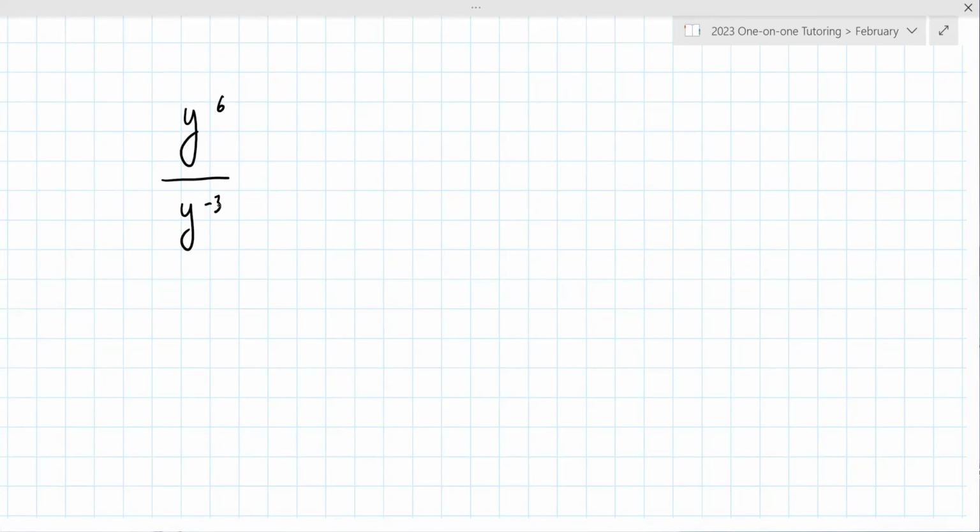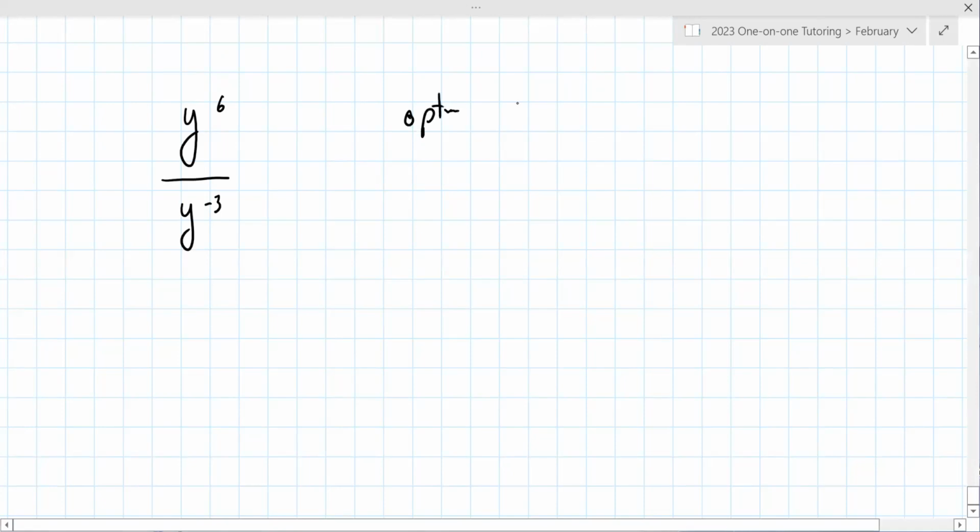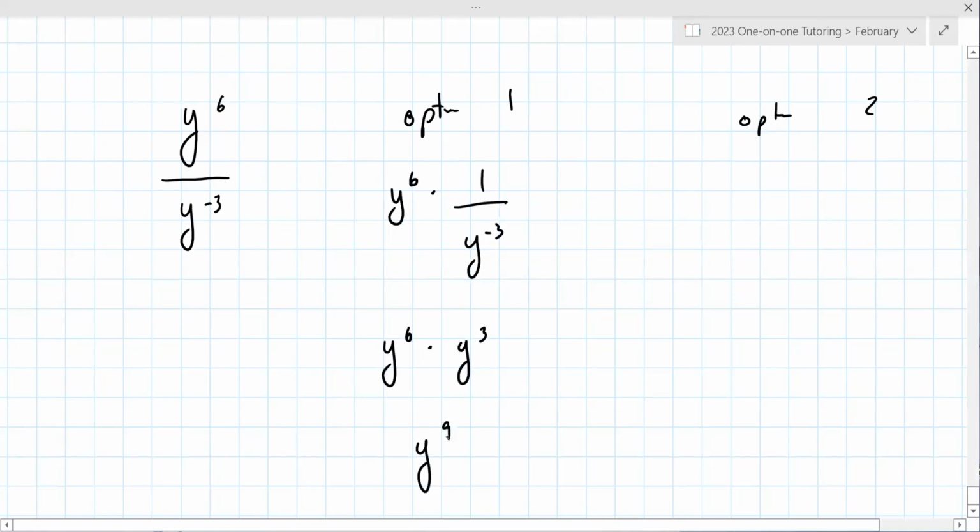Well, you could. There are two options. Option one is y to the sixth times 1 over y to the minus 3. And this becomes y to the sixth times y to the power of 3, which becomes y to the power of 9.